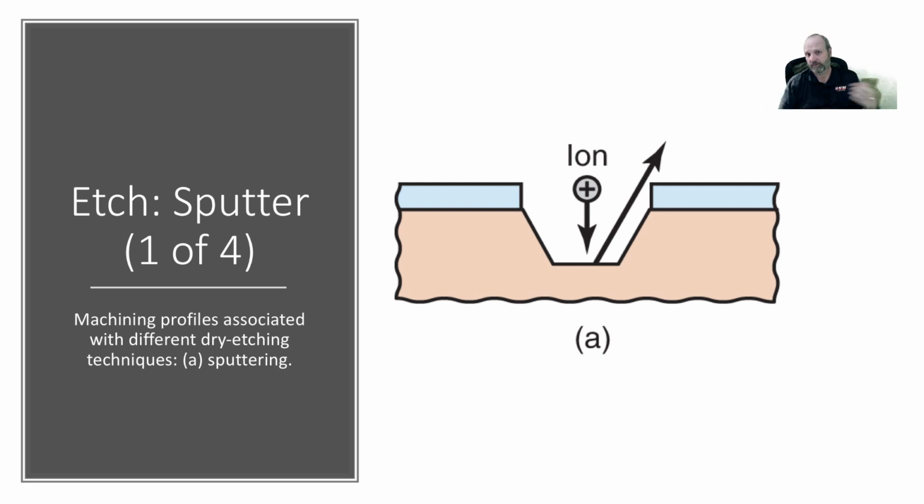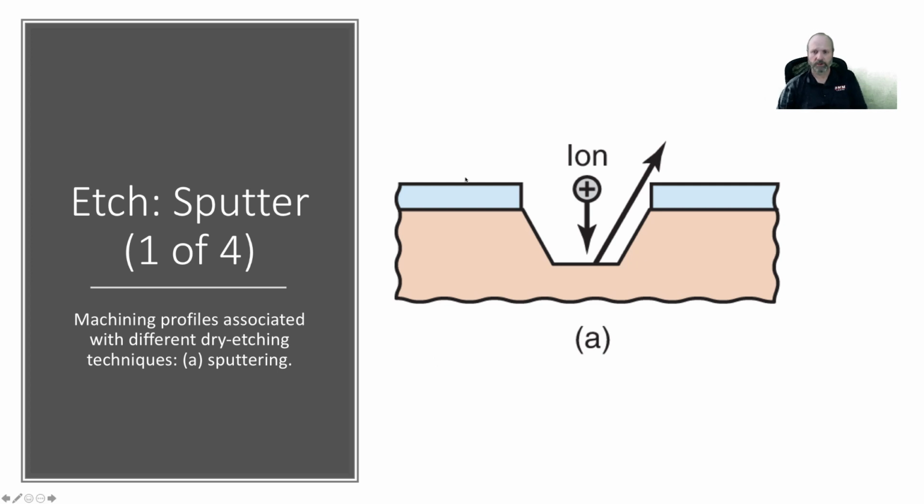So the wafer might be grounded, and then where the ions originate might be at a positive charge, so that they repel the ions, and the electric field lines go from the cathode all the way down to the anode, where it impinges on the wafer.